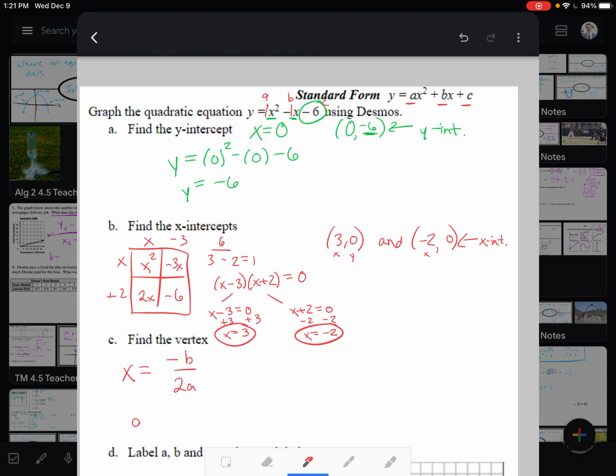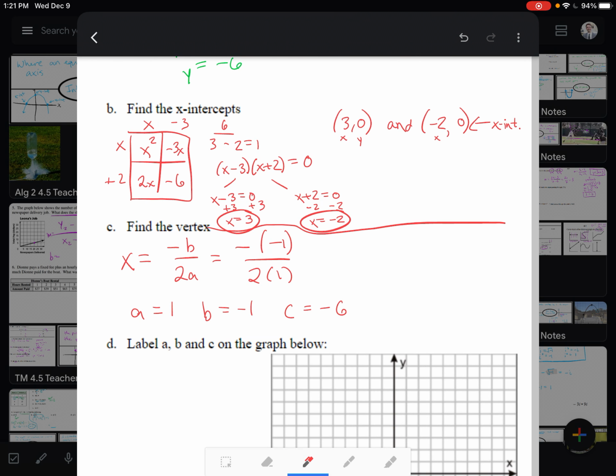So to list these out, we have a equals 1, b is negative 1, c is negative 6. So negative b all over 2 times a. So minus negative 1 turns into plus 1 up top. 2 times 1 is just 2. So the x-coordinate of our vertex is 1/2.